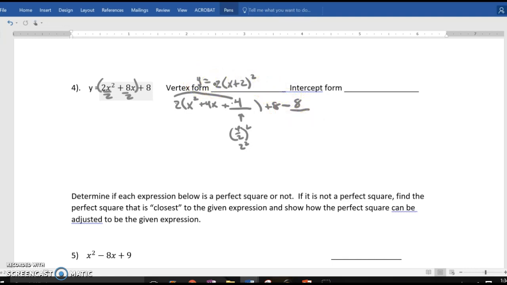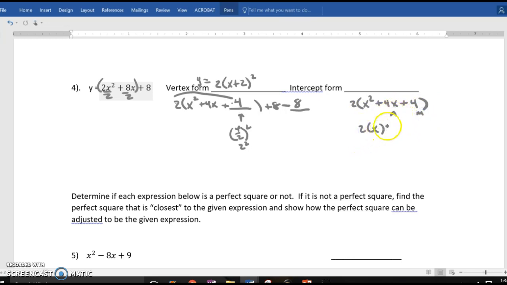Okay? Now intercept form, right? If I go to factor this, I should technically start with the GCF because every term is divisible by 2. So I get this. Now what numbers multiply to give me 4 and add up to 4?